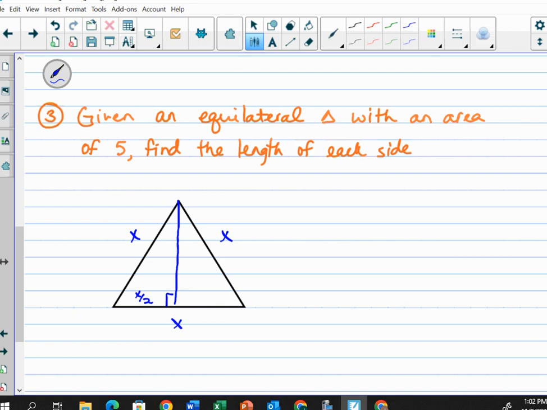X over 2 is the short leg, right? So I take that times root 3. So it's x root 3 over 2. That is the height of your triangle, guys, when you're using your area formula. So 5 equals 1/2 x times x root 3 all over 2. Go from there, guys.